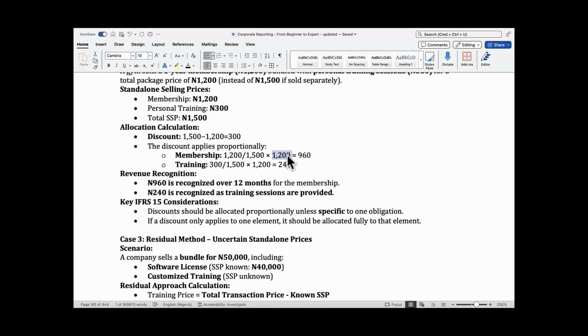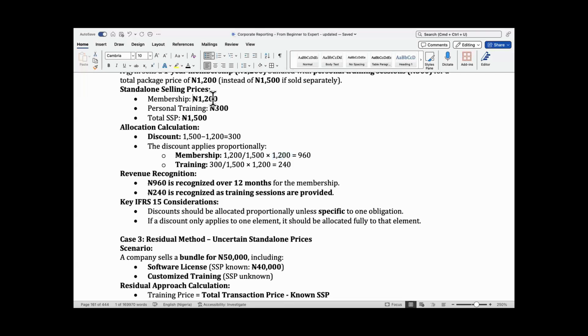This 1,200 is the selling price. Having discovered that there is more than one service in this contract, we need to share this 1,200 between those two services. And the ratio of sharing is their standalone selling prices.